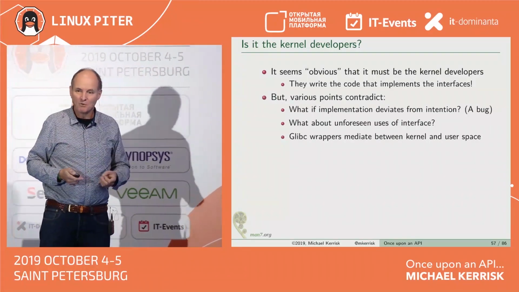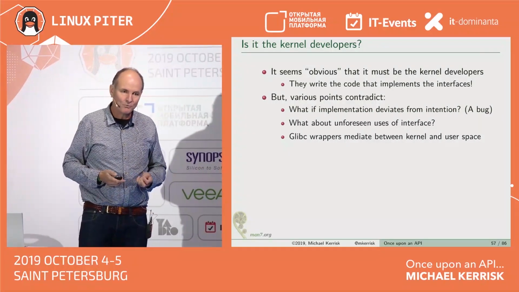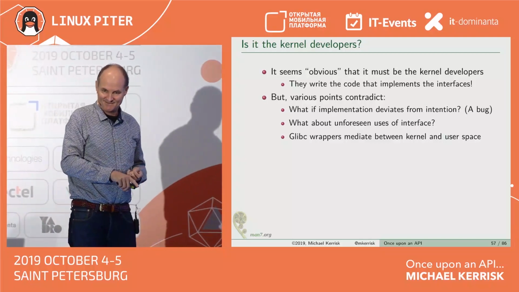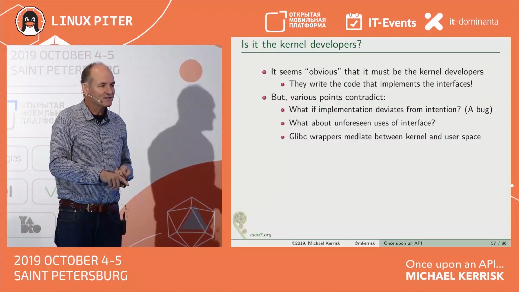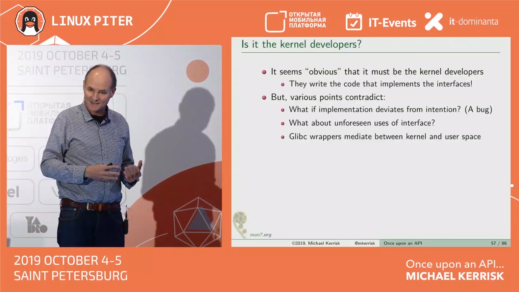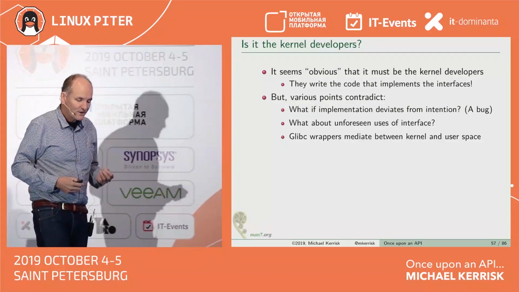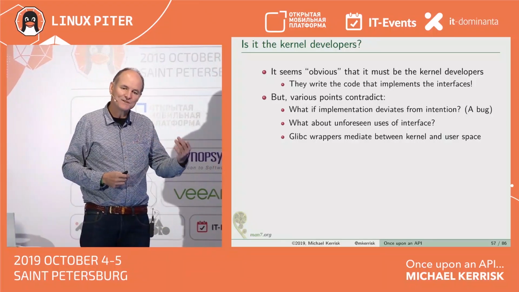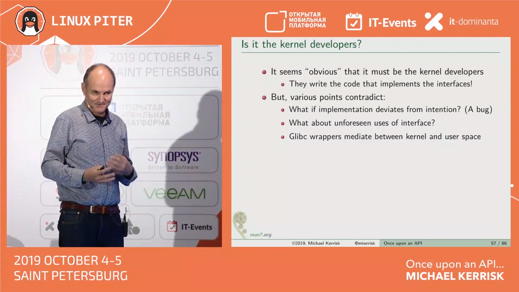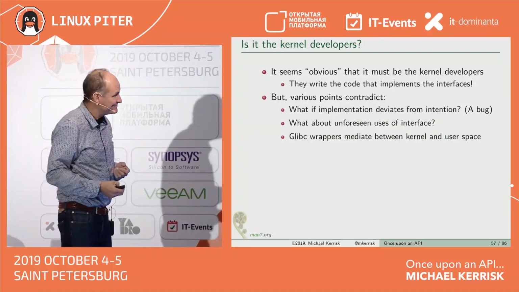But there are various points that contradict that obvious assumption. What if there's a bug? Some unintended behavior in the interface? What is the contract then? Or maybe users find some unforeseen use of the interface. What is the contract then?